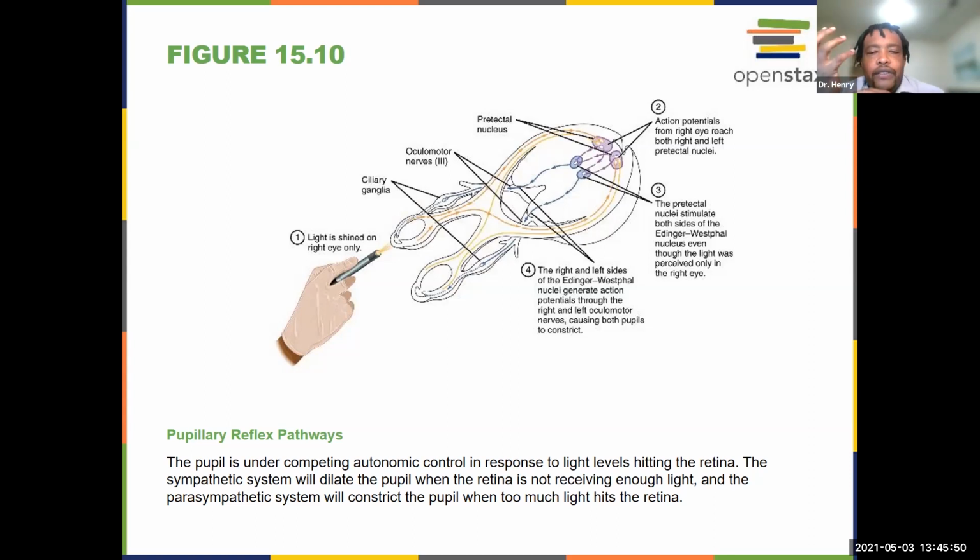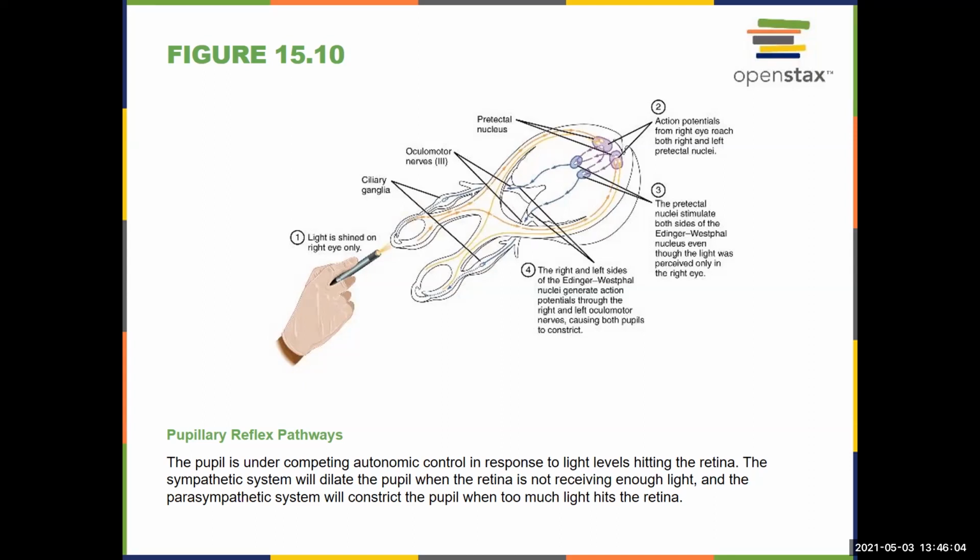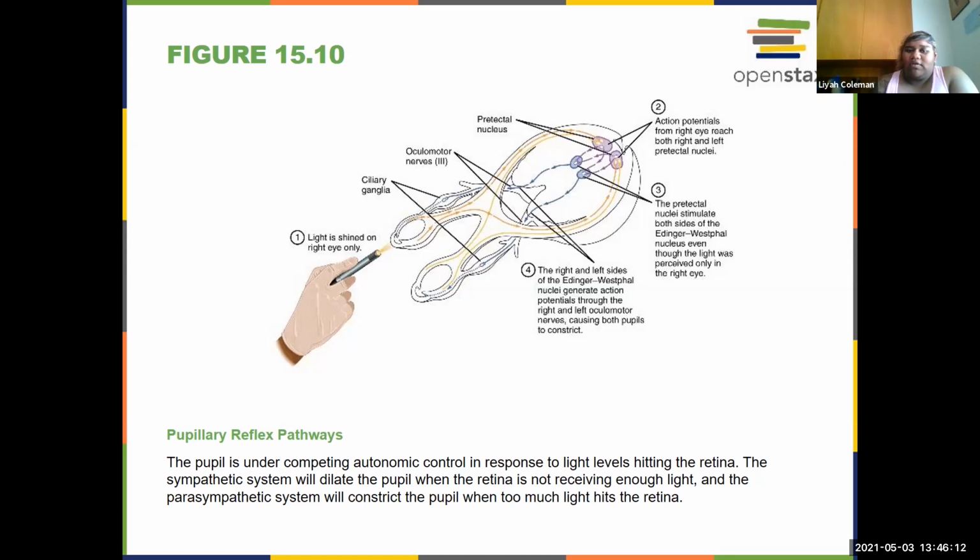So why isn't this eye dilating to try to compensate for the light that you're getting over here? Or is it? Is it because one eye is getting more direct light than the other?